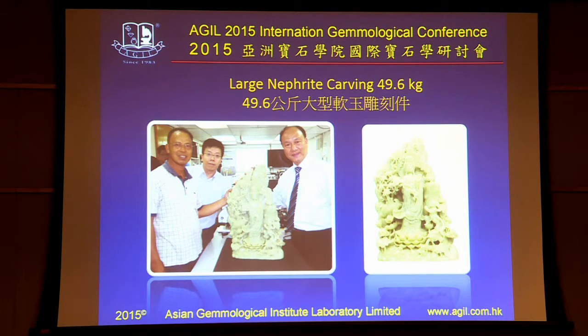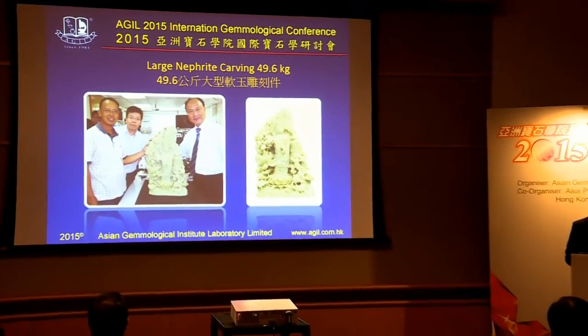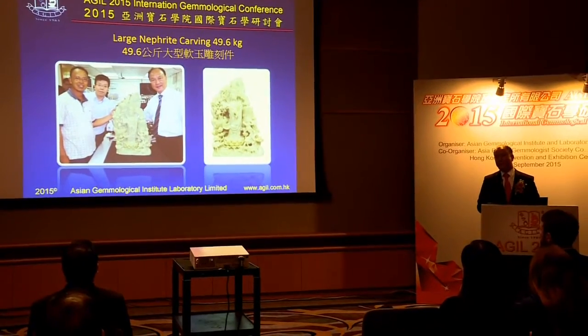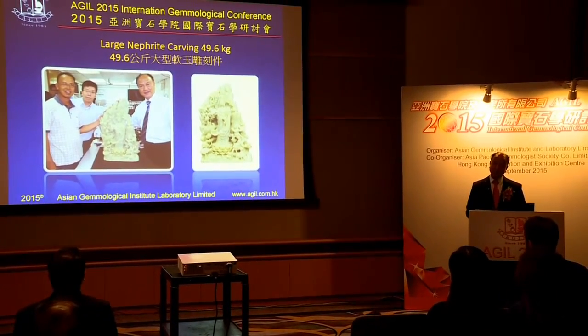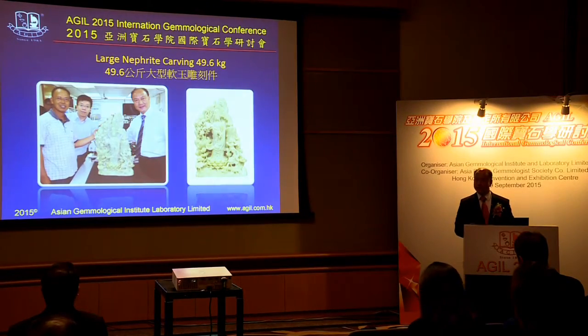I still have several more slides. Okay, this is a big piece of nephrite carving, weighing 49.6 kilos. With a big carving like this, it is sometimes difficult to measure its optical properties.